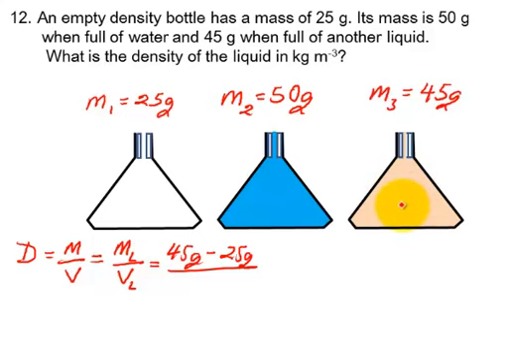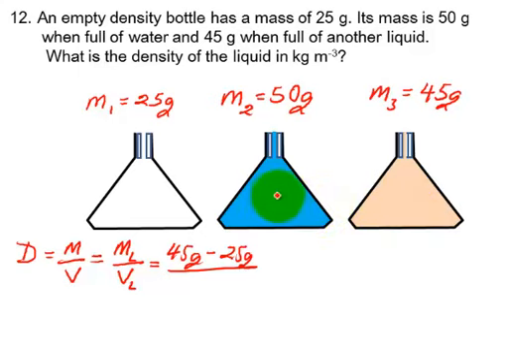If we can get the volume of the bottle itself, that is the volume of the space inside the bottle, we will comfortably be able to get the volume of the liquid. Now, how do we get the volume of the space inside this bottle?